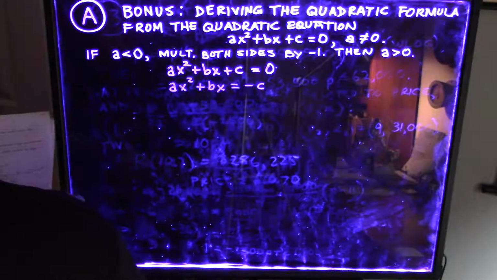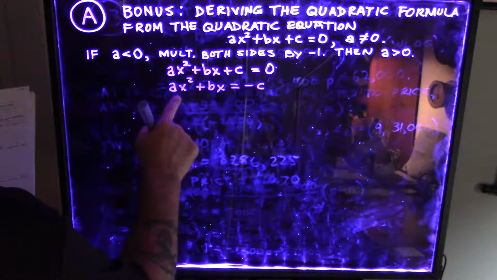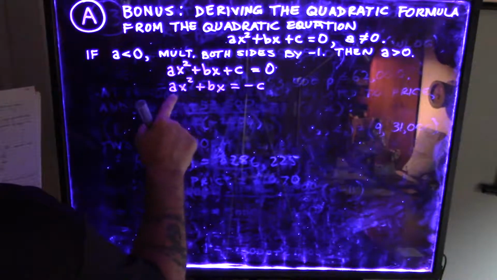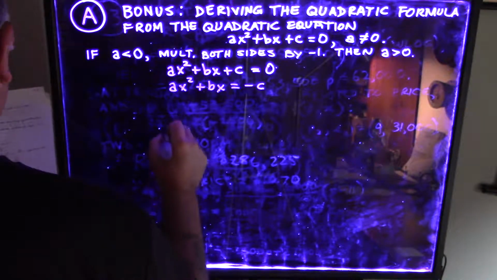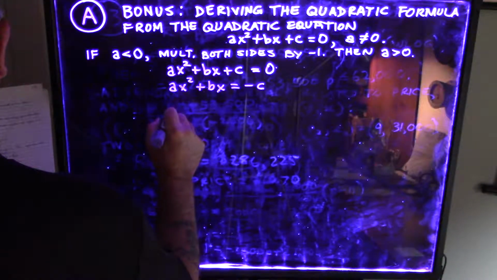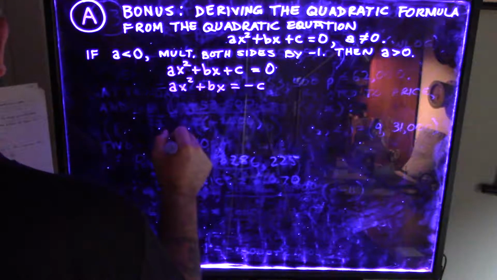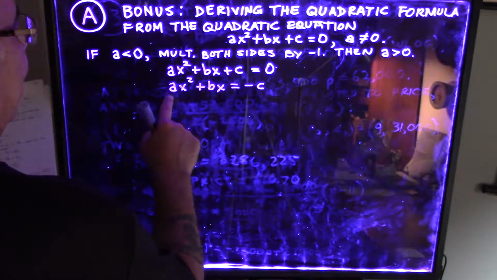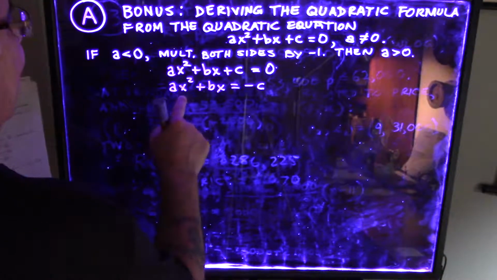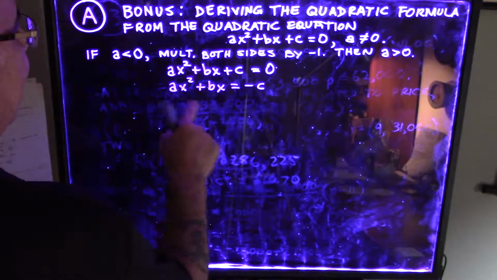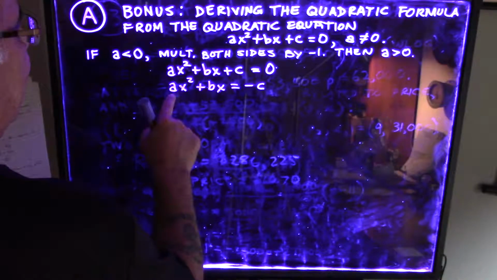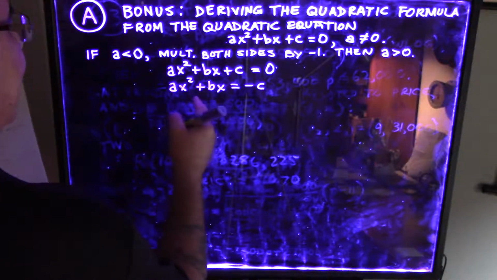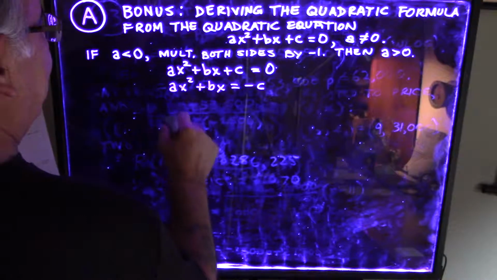Alright, and then I'm going to complete the square on the left side of this equation. So you factor out the a, or we don't have to actually factor out the a, we can just make it equal to 1 if we multiply it by 1 over a. And even if it's already 1, it'll still be 1 after we do this step, so it doesn't matter.